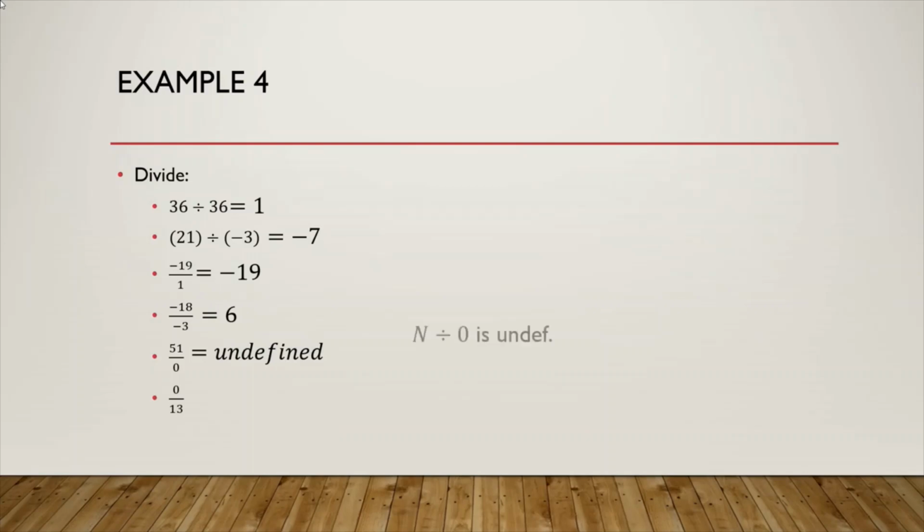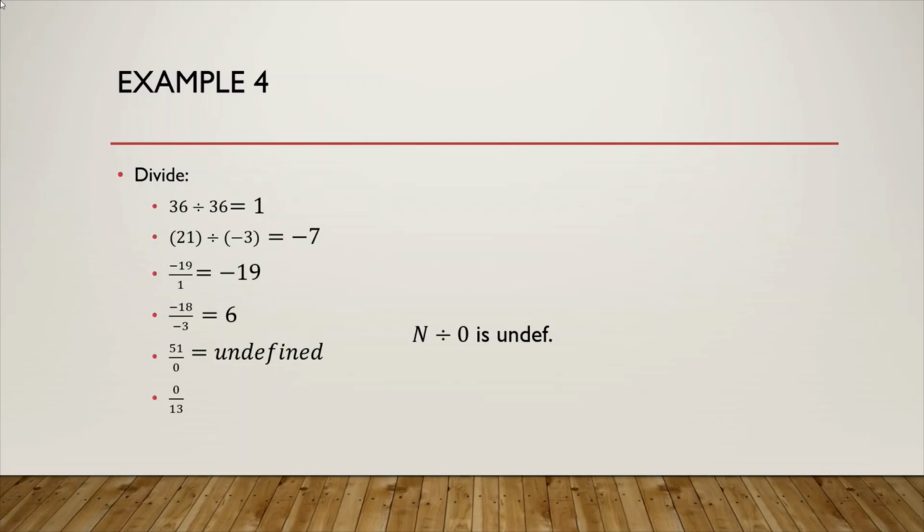And a way to remember this is a word with no. So NO spells no, and when it's no, it's undefined. So any number divided by 0, including 0, it would be undefined.